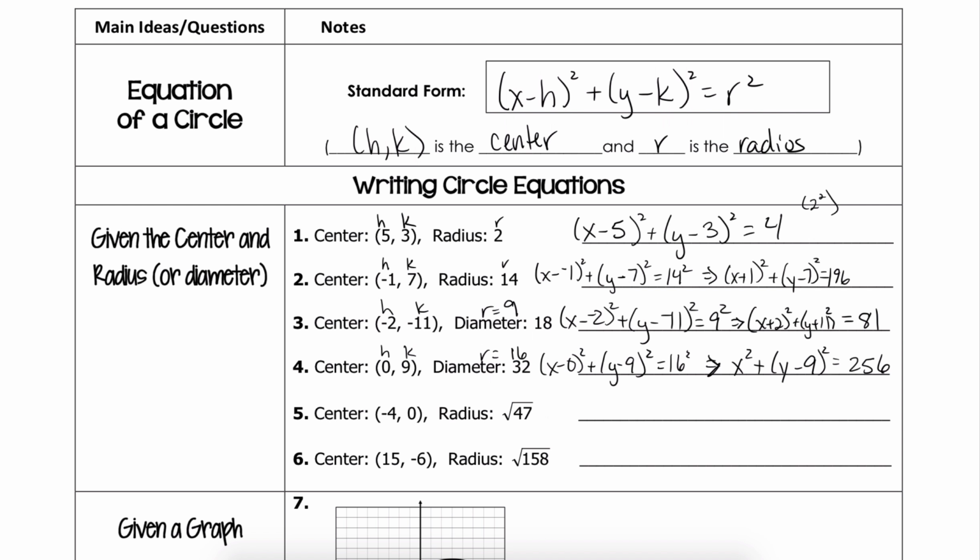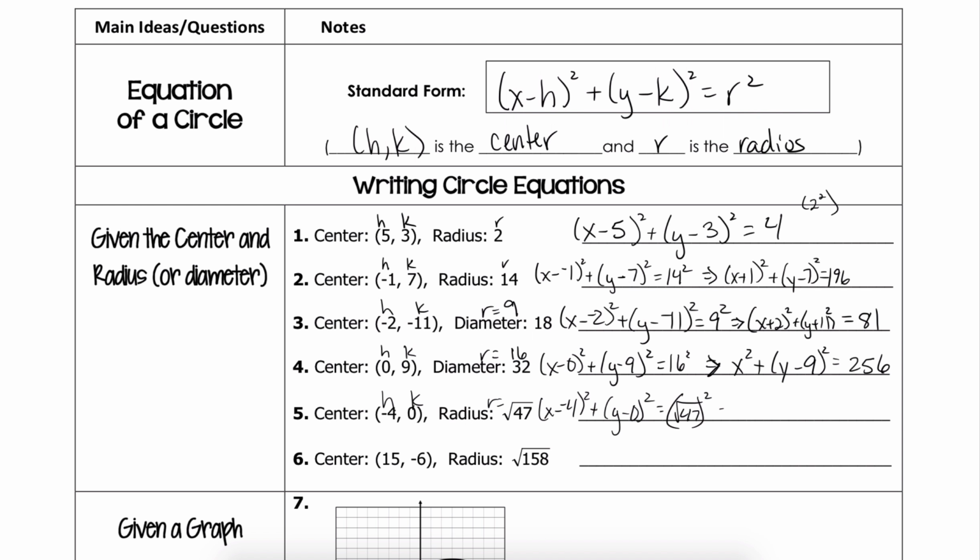Here we've got number 5 with center (h, k), and the radius, this is the r. The way I'm going to write that, I misspelled x, (x − (−4))² plus (y − 0)² equals (√47)².